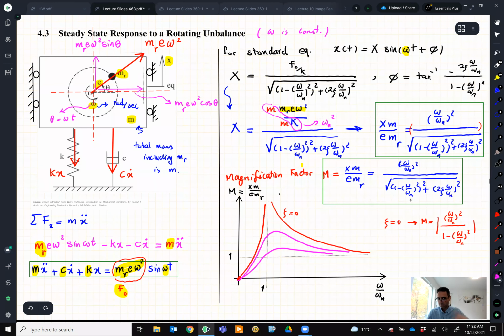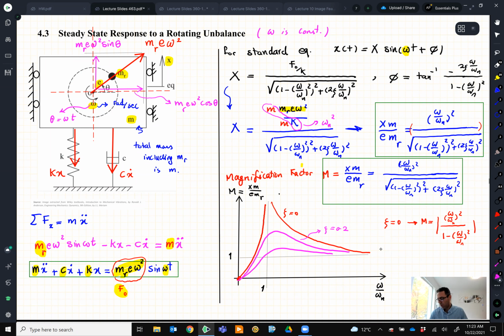So infinity on the top, infinity at the bottom. So they have to go to 1. Let's say, pretend this is 0.2. We just made up these numbers. So this is then our magnification factor for this scenario.